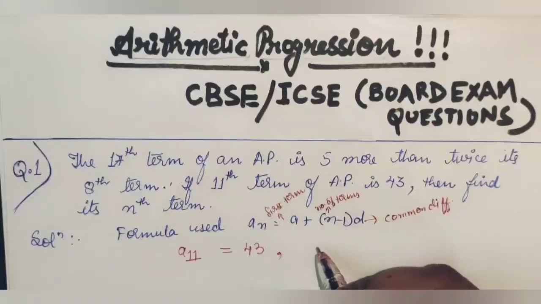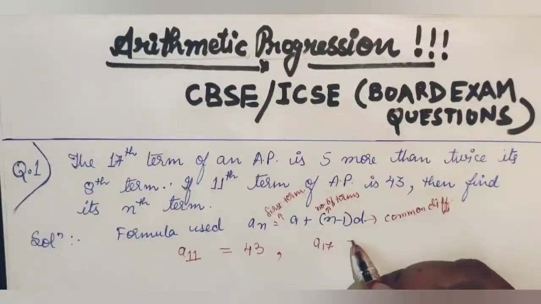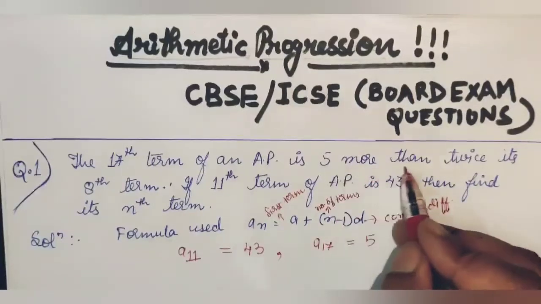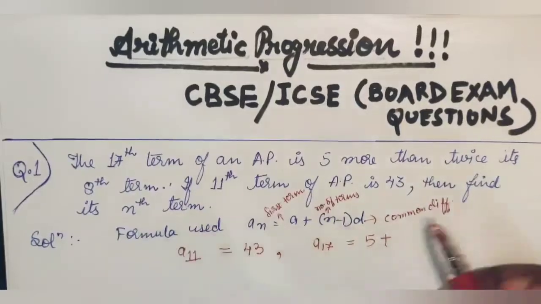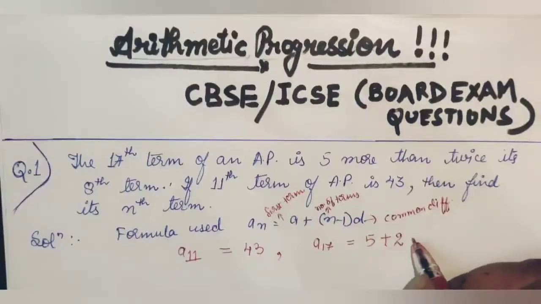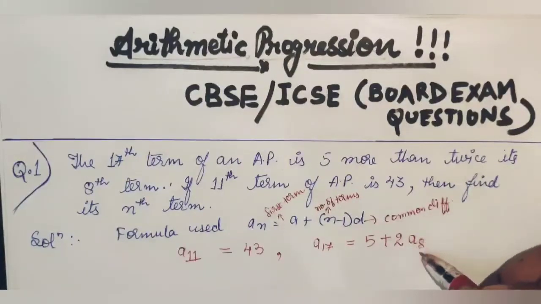Next you can write that a17 is equal to 5 more than, means 5 plus, twice its 8th term, 2 times a8. a8 you can understand, that is the 8th term.